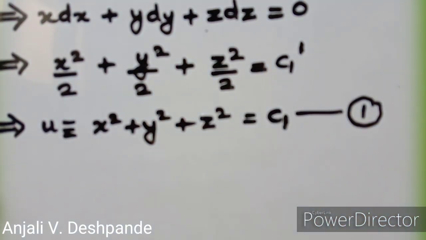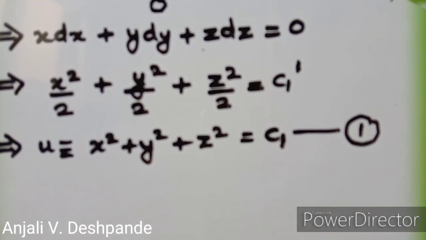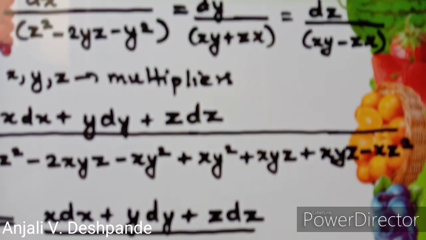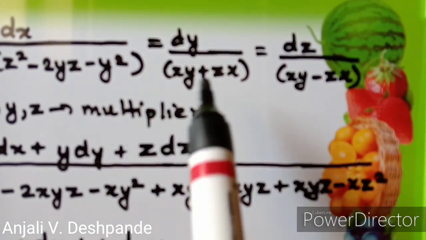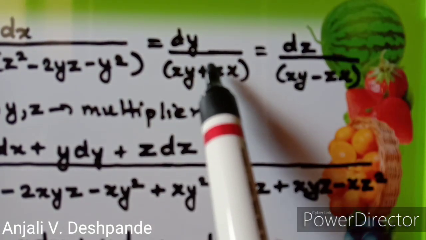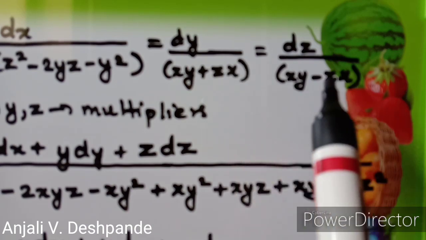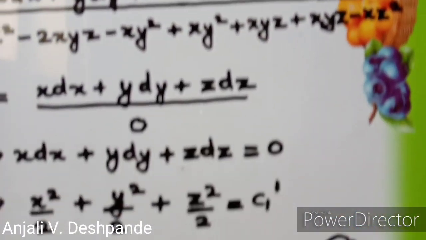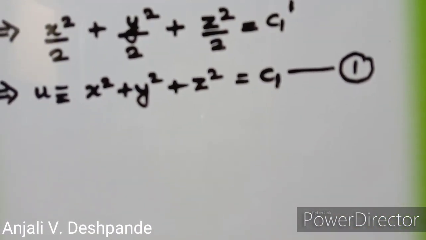Now for the second independent solution, we will take the last two members of the equation set. The last two terms in the equation are these two terms, so we are going to consider and solve those two.